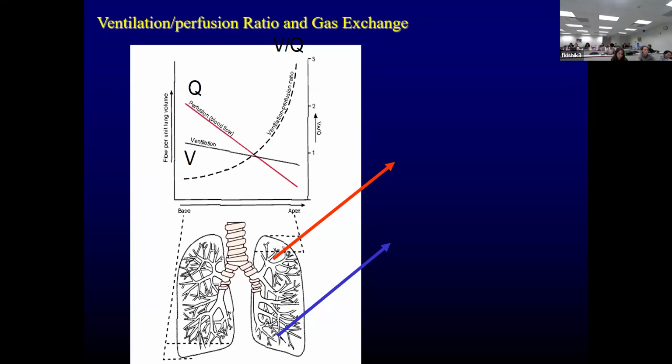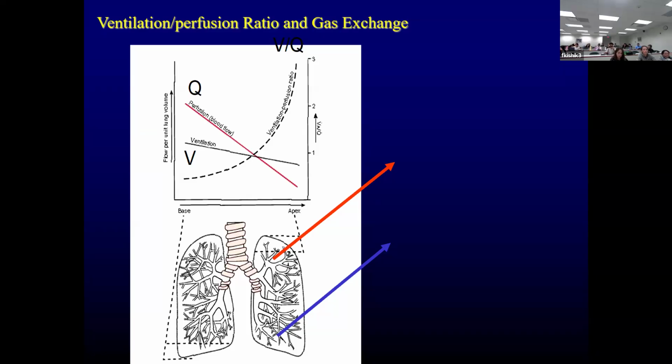The blood flow to the lungs is gravity dependent. It's easier for my heart to push blood to the lower lung than to the apex. So there is more blood flow to the lower lung and less blood flow to the apex.